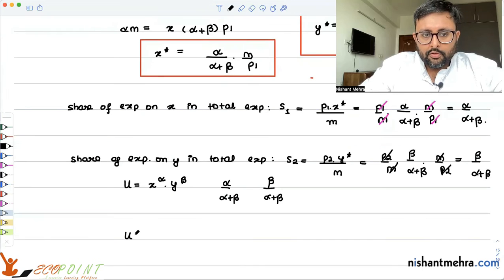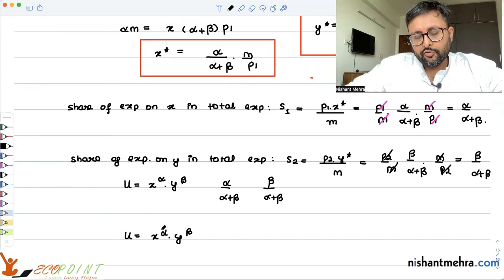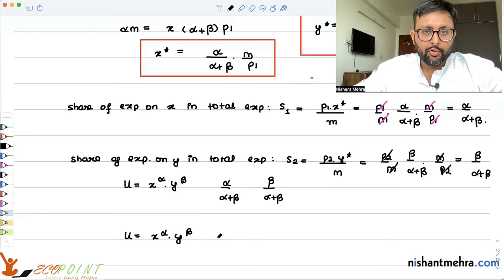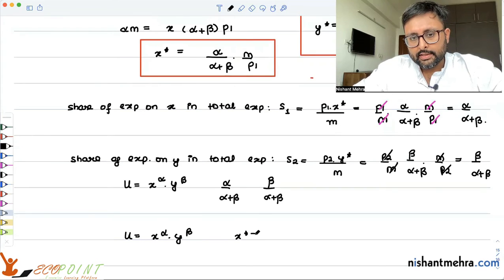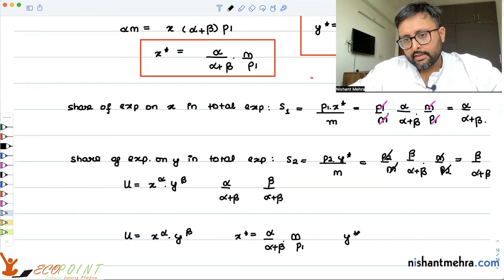From next time, when we want to write the demand function for such a complex utility function, you will be writing X star as alpha upon alpha plus beta m by p1, and Y star as beta upon alpha plus beta m by p2.